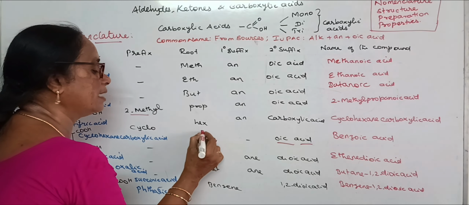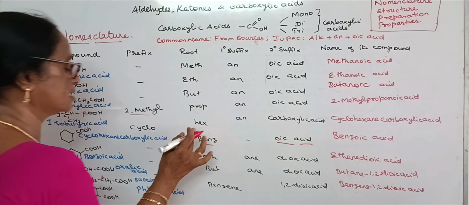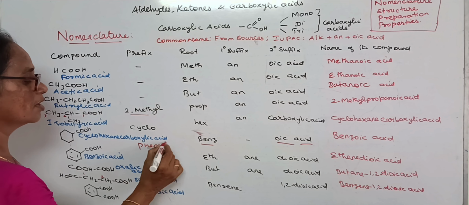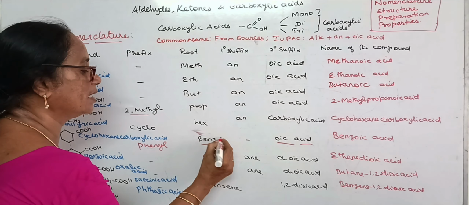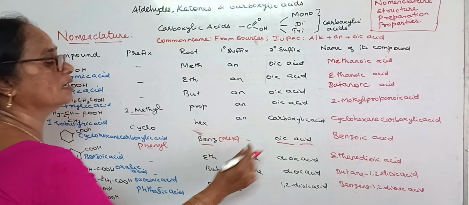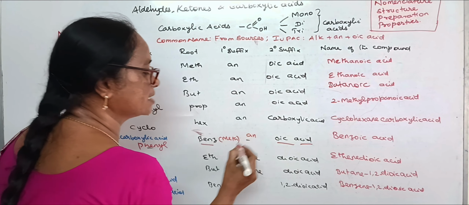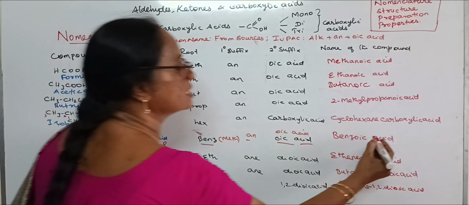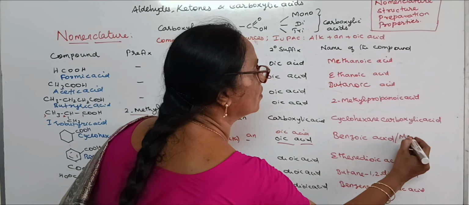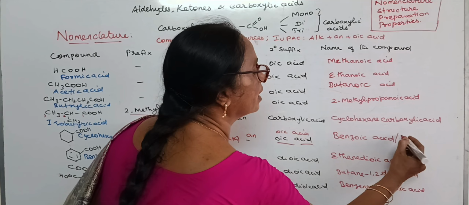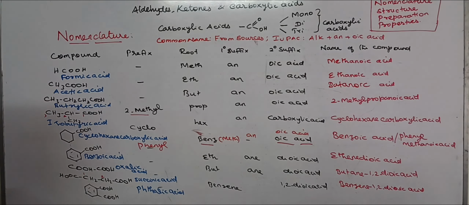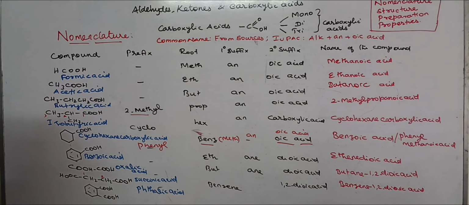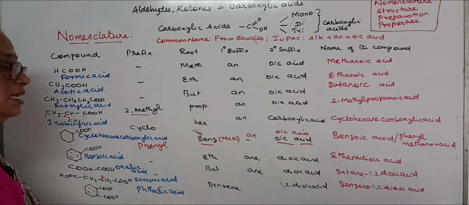We can write the prefix phenyl, one carbon so meth, then the suffix anoic acid. So instead of benzoic acid we can write phenyl methanoic acid, but the common name as well as the IUPAC name is taken as benzoic acid itself.